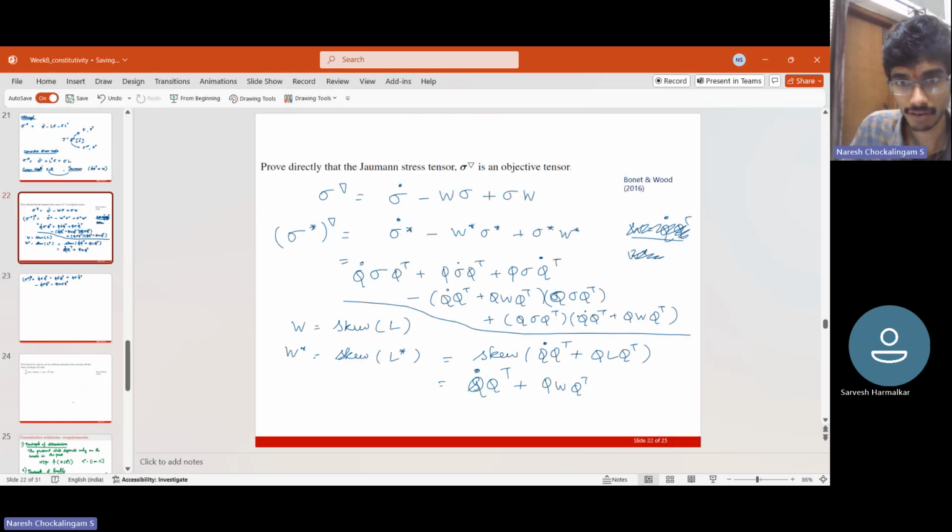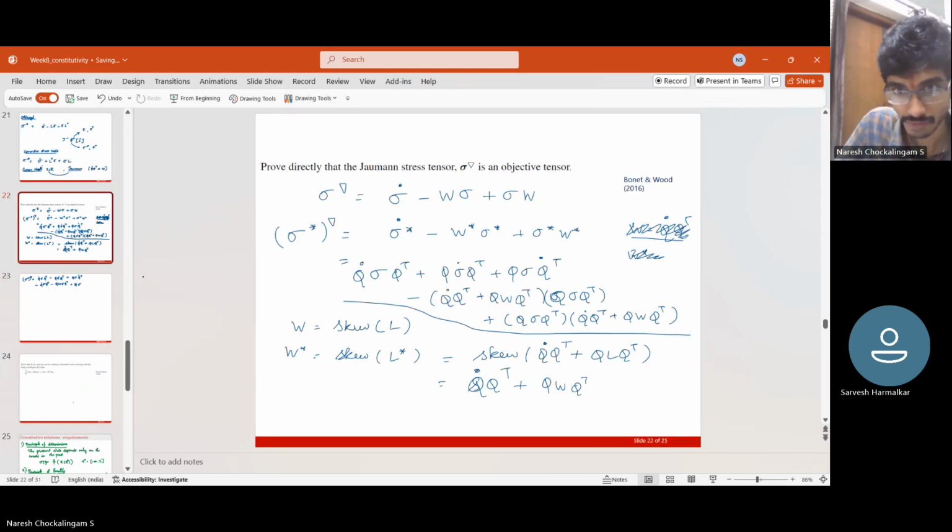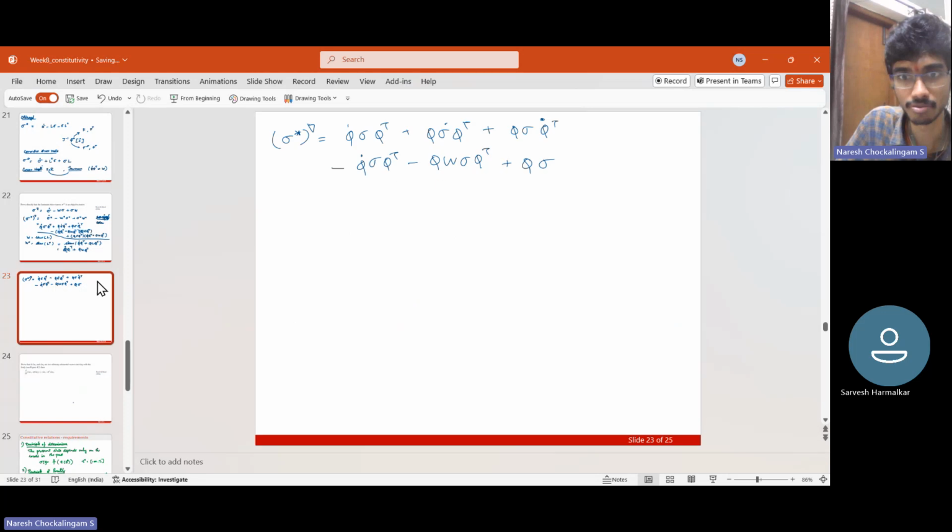And from the last term you get Q sigma Q transpose Q dot Q transpose, plus Q sigma Q transpose Q dot Q transpose.